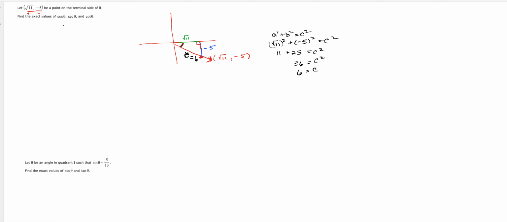Now if we're thinking about this as our theta, I have to think about what's positive where. We're going to find an exact value for cosine, for secant, and for cotangent. I'm going to think about the sign, meaning whether that value is going to be positive or negative, before I do anything else. What I keep in mind, again, is C-A-S-T.